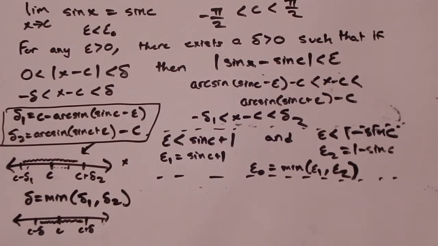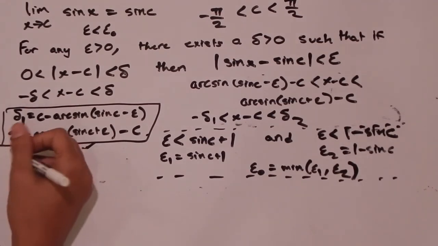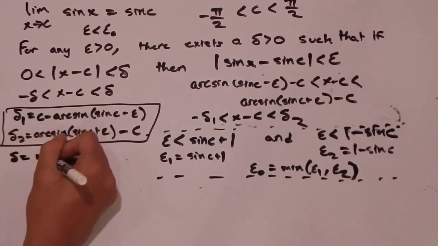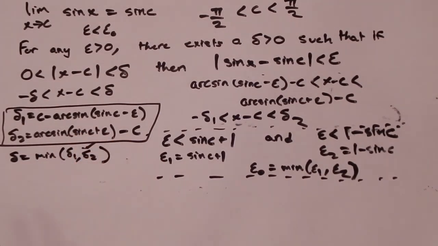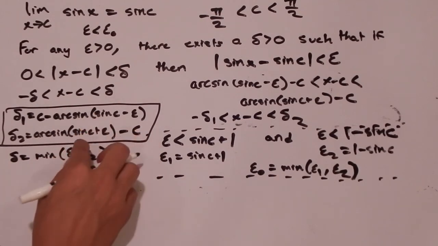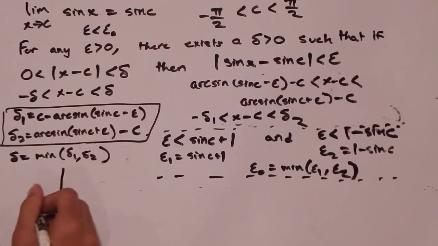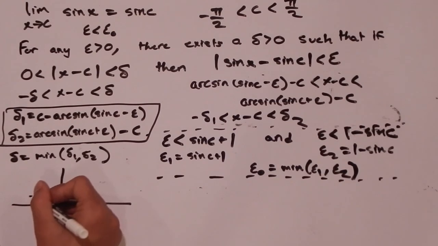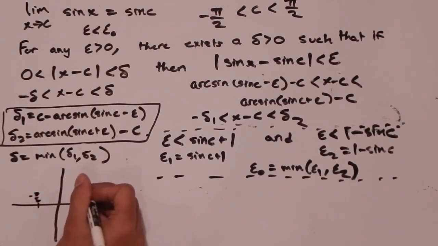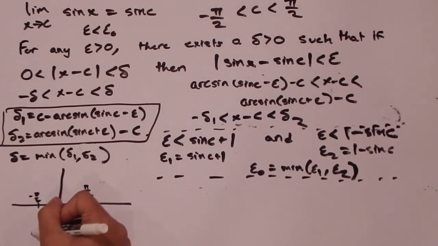But here is the key. So I'm going to go ahead and erase this to make some space. But I'll keep this delta statement because it's important. So delta is equal to the minimum of delta 1 and delta 2. The reason that my proof still works and that I can show that for any epsilon value there is a delta value is because if we were to look at a mock graph of the sine function at negative pi over 2 to pi over 2, and this is true for any function, not just the sine function, but I'm going to start at negative 1, work my way up to 0.